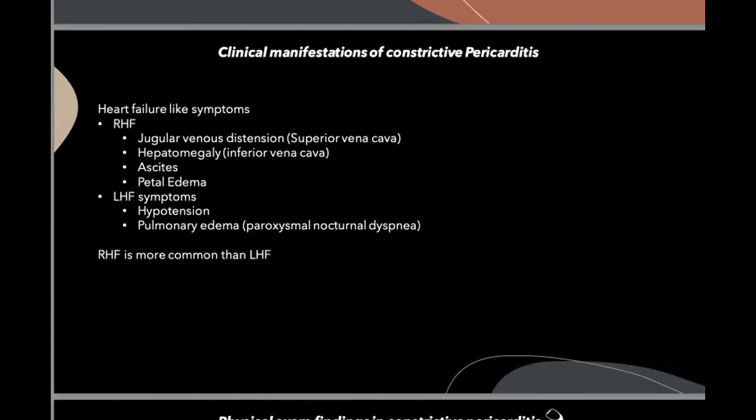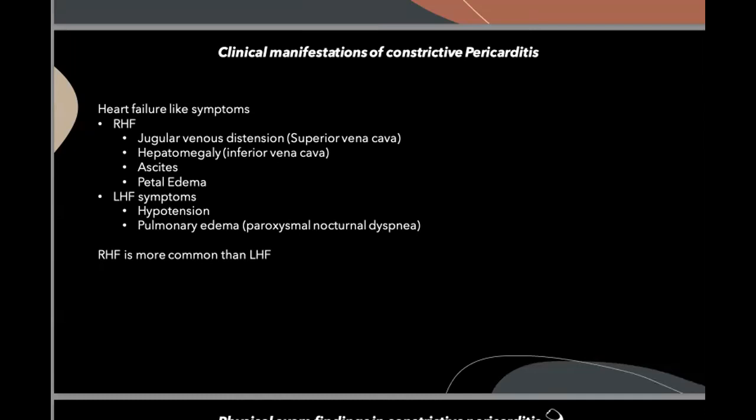For the left, we will also have left heart side failure symptoms, but they will be least common, and that will be hypotension and pulmonary edema, specifically paroxysmal nocturnal dyspnea. So why do we have it on the right side and not the left side? Because as we all know about the anatomy, the left ventricle is thicker.